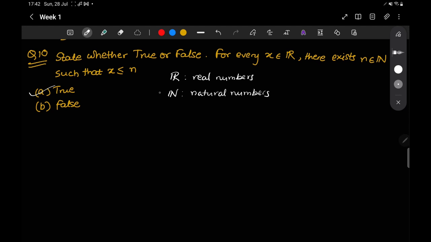Both these are infinite sets. Real numbers are uncountably infinite, while natural numbers are countably infinite.